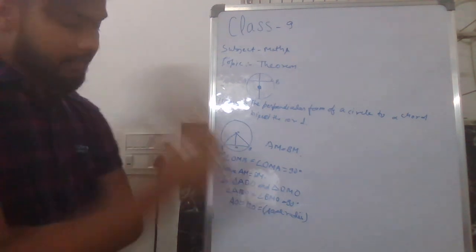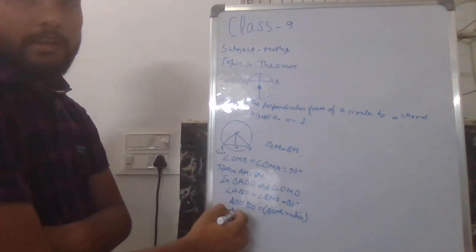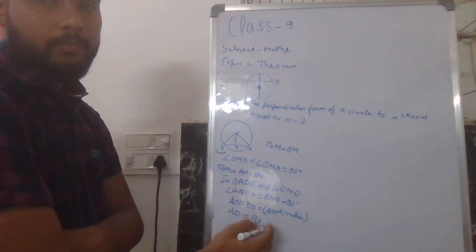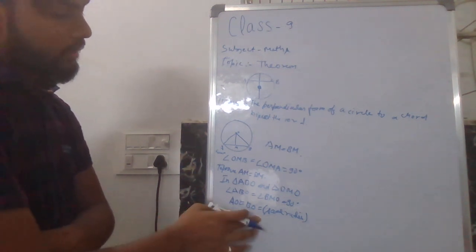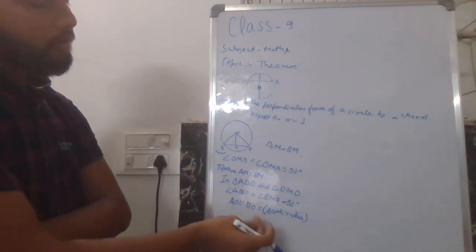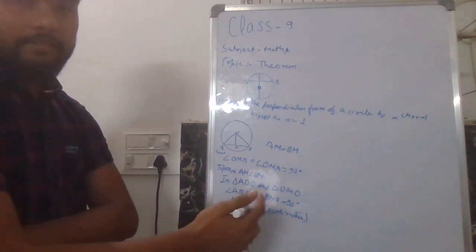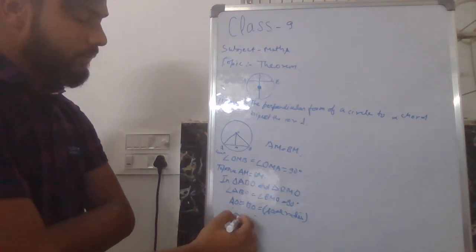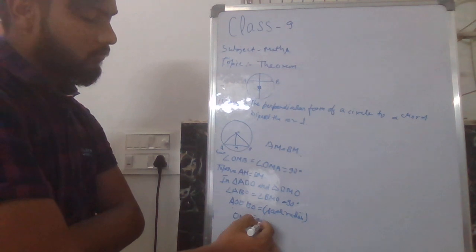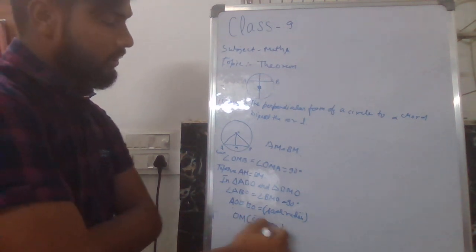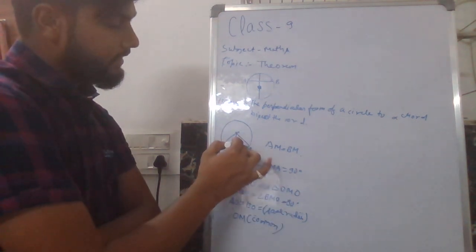AO is equal to BO, it will be the same radii. After that we can see that OM is common here, this is common here.